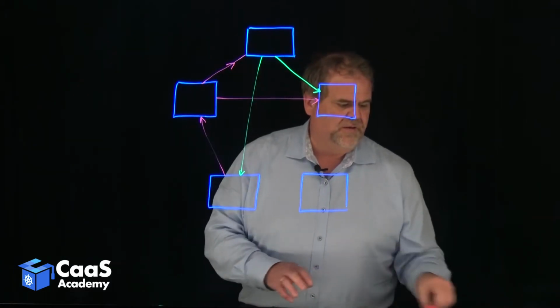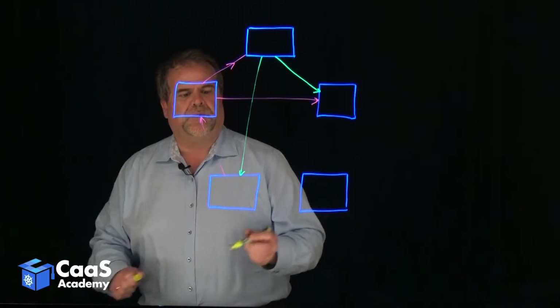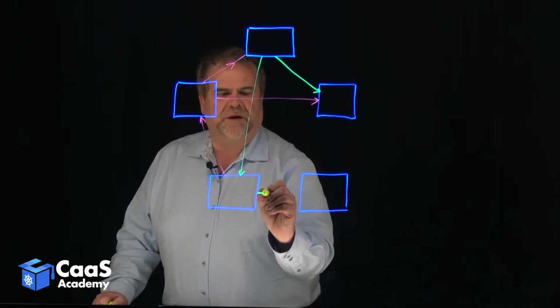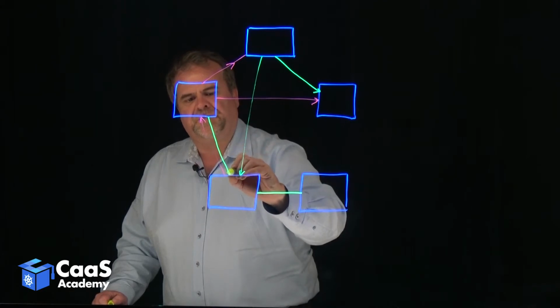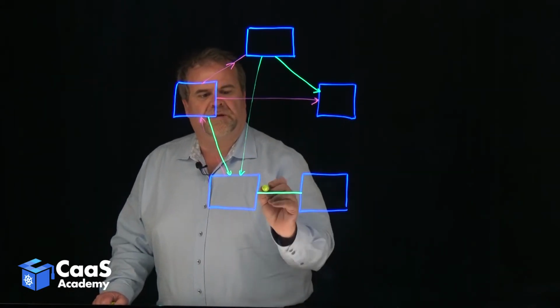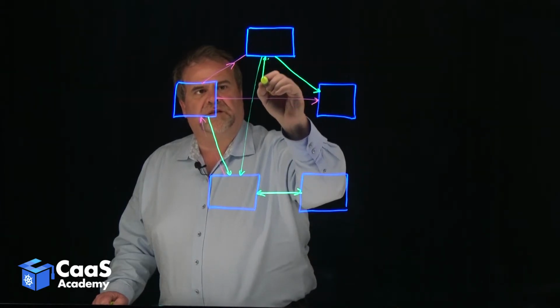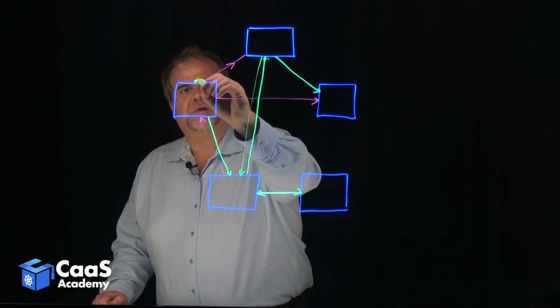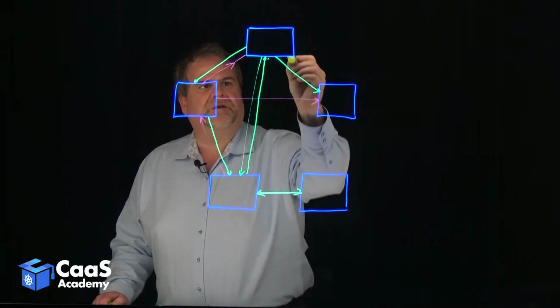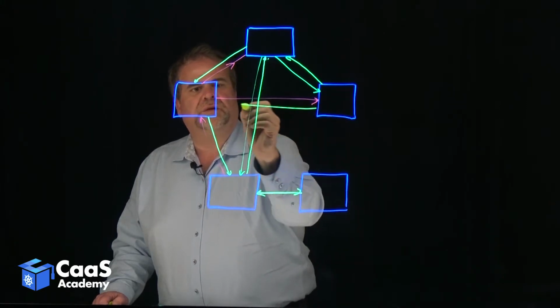However, there are a lot more connections possible. Drawing them out, I have this connection, which isn't being used. I have this connection. I have this connection, which isn't being used. I have that connection, which isn't being used. That connection, which isn't being used.